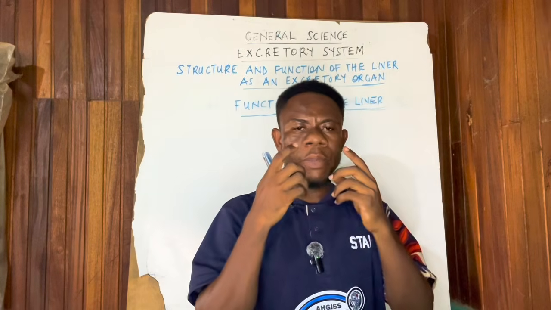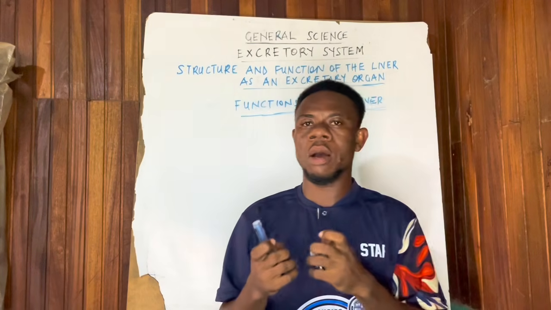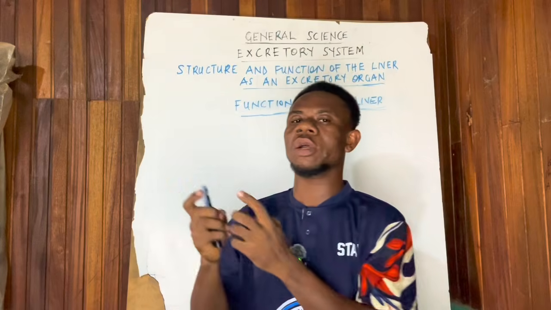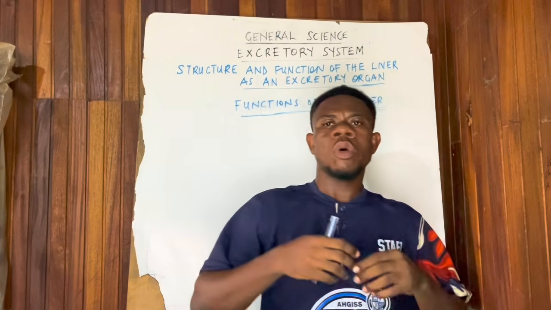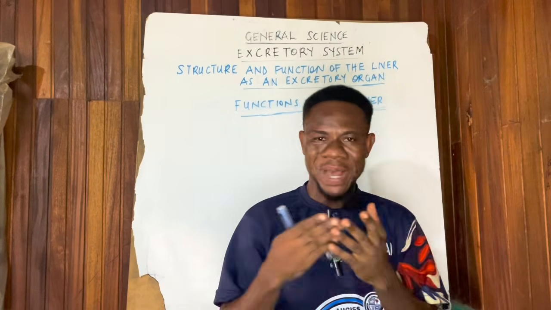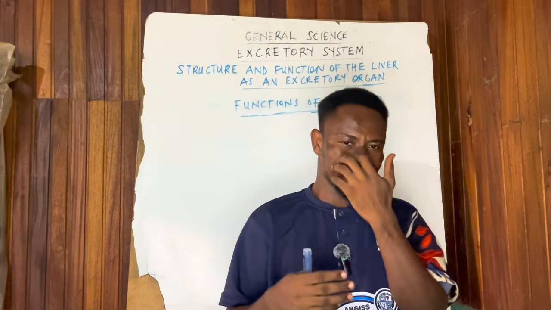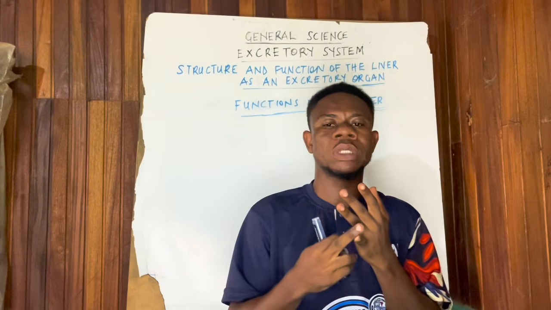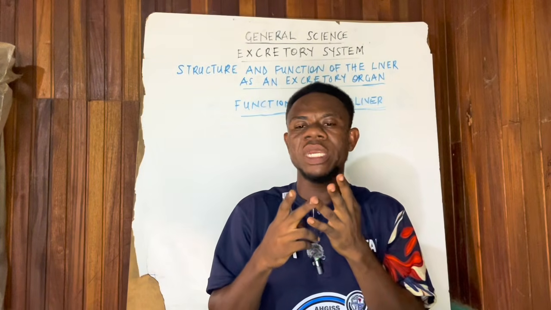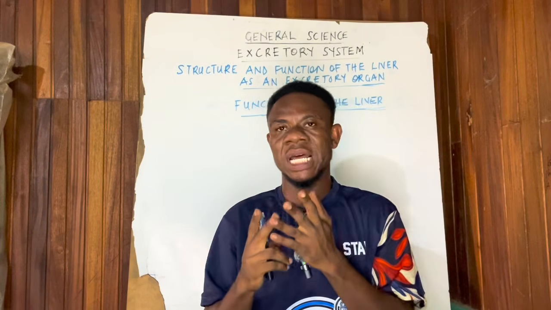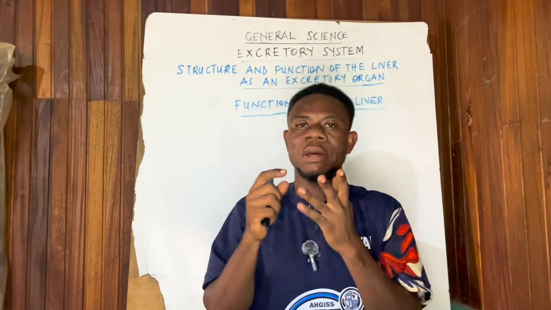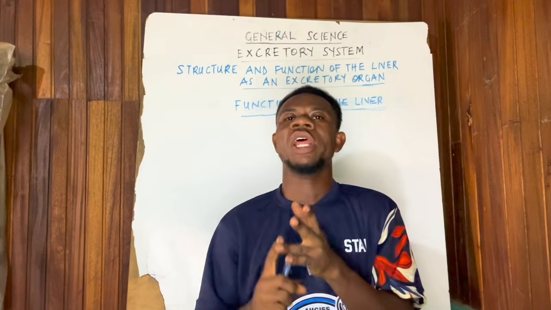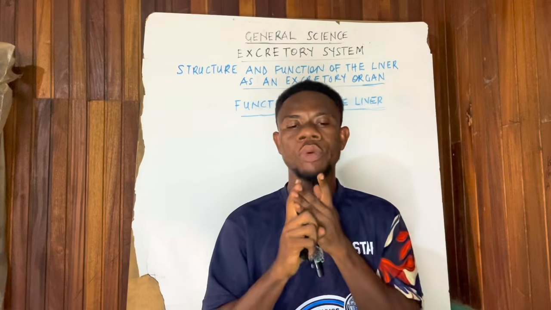One, the liver produces bile, or it aids in the production of bile. Now, one may ask, what is bile? Bile is a digestive fluid produced by the liver. It is greenish yellow in color, and contains bile salts, cholesterol, and bilirubin.